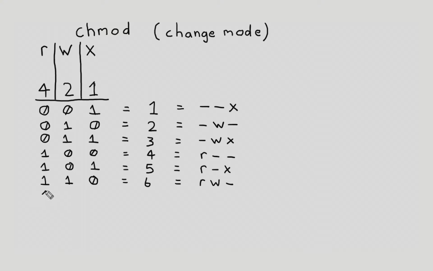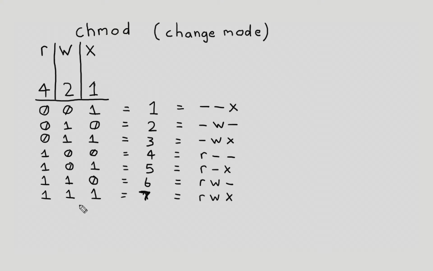And 7 would be our highest number with a 1 in all 3 places. That is a 7, which equals read, write, and execute.